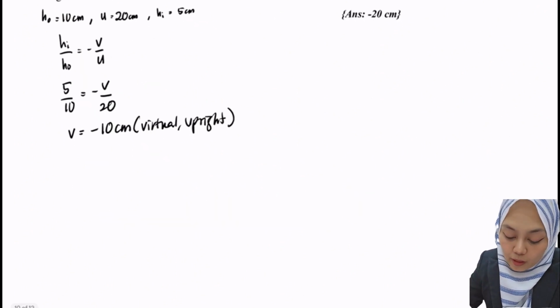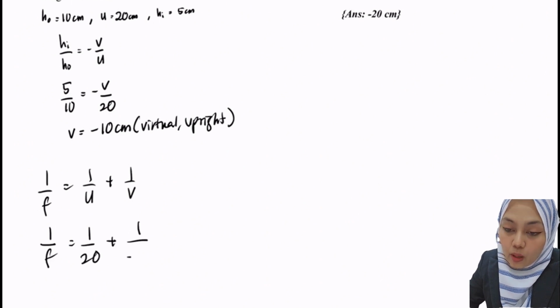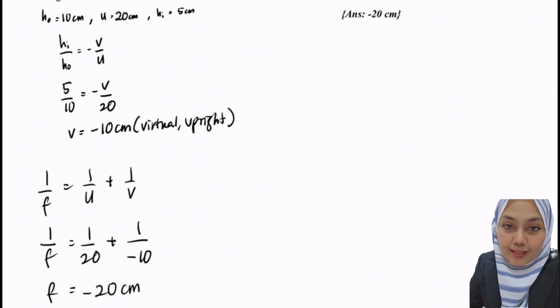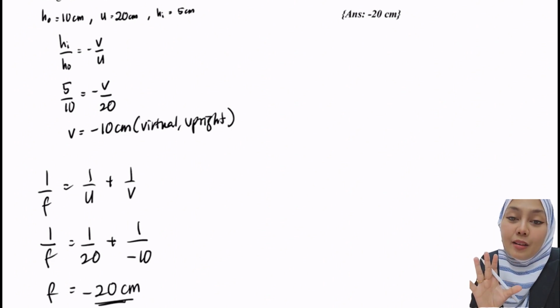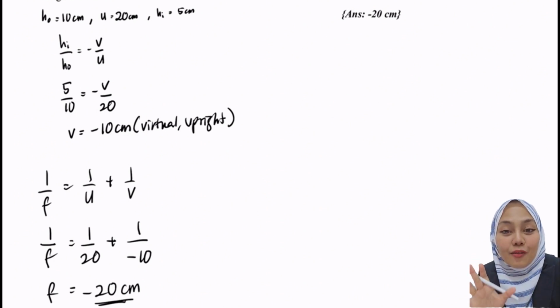And then from here, we use the thin lens equation: 1 over F equals 1 over 20 plus 1 over negative 10. So our focal length ends up as negative 20 centimeters, which fits the characteristic of a concave lens, which is a negative focal length.